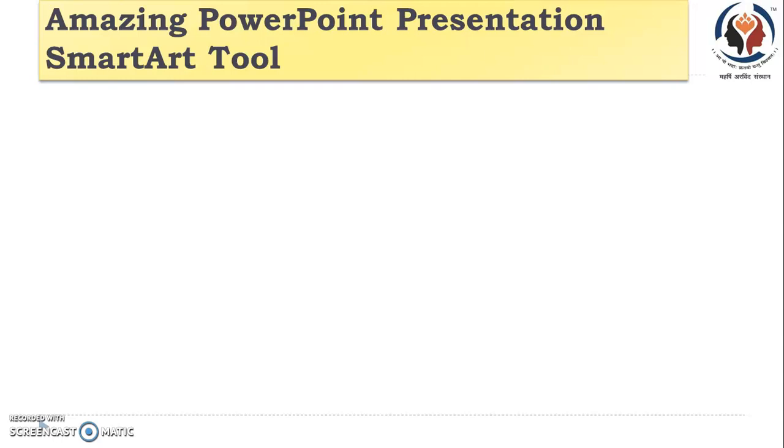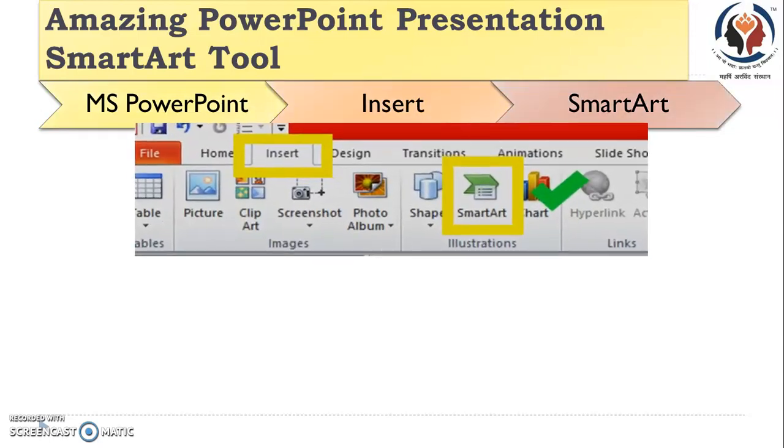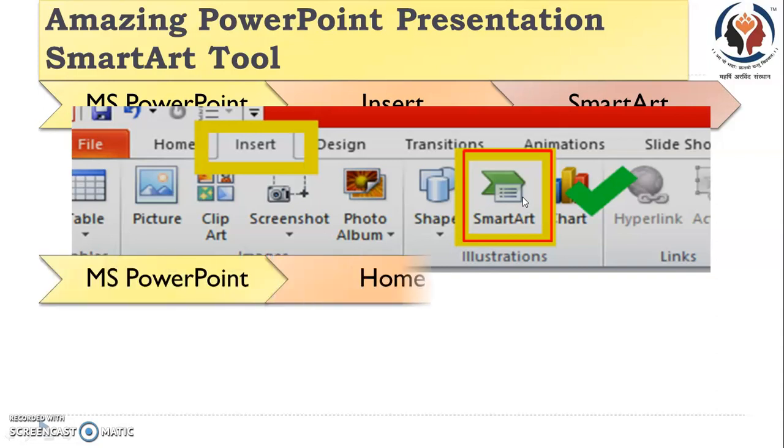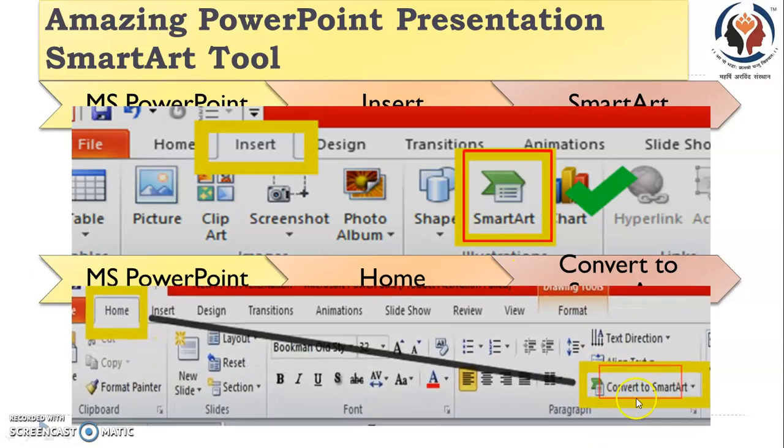So here, what is the SmartArt tool and where can you find it in your PowerPoint presentation software? In your MS PowerPoint software, you have the Insert option or Insert button in your option ribbon. Under this Insert option, we have the SmartArt option. Similarly, in the Home button, we have the option to convert text to SmartArt.